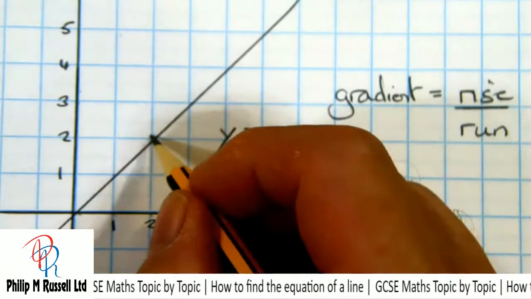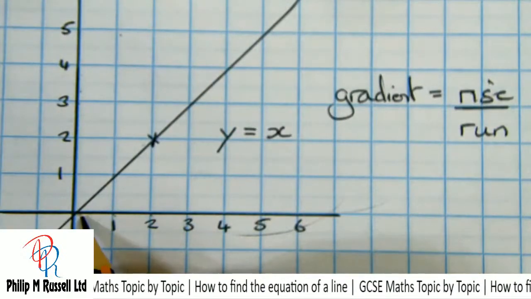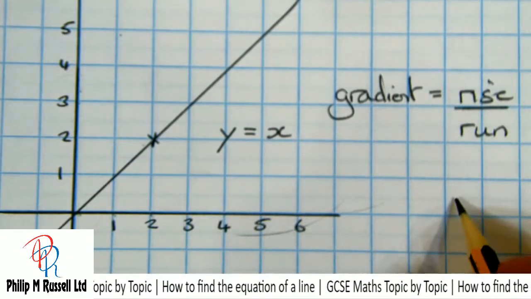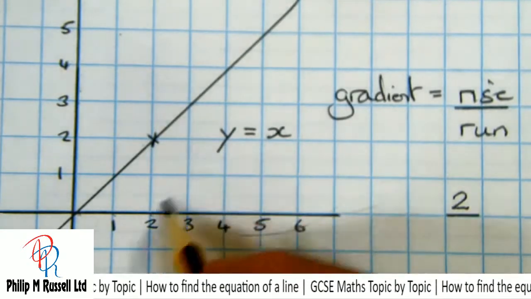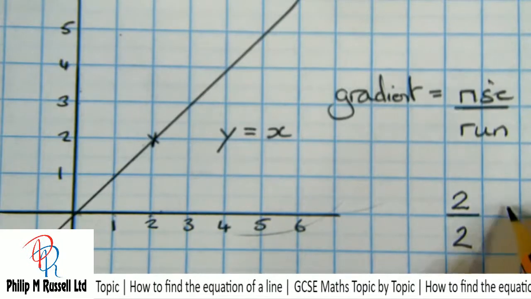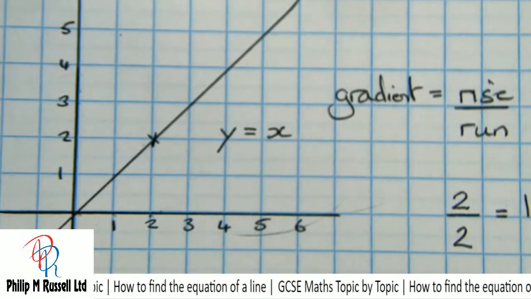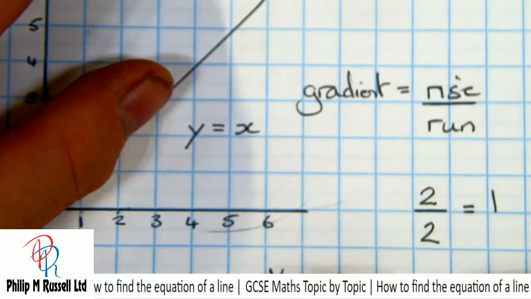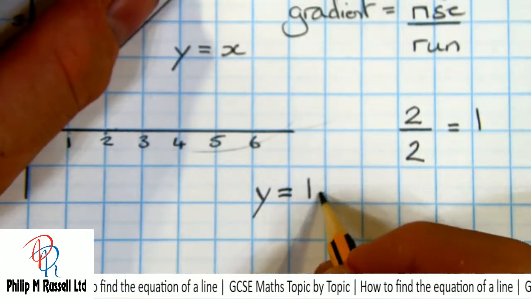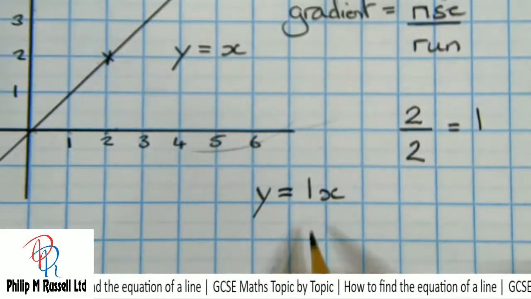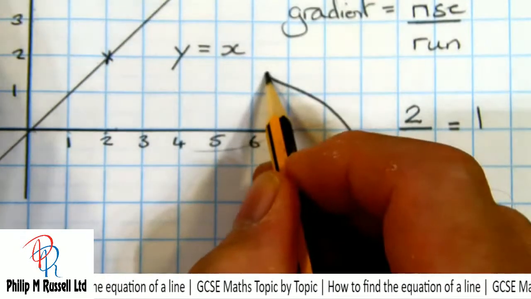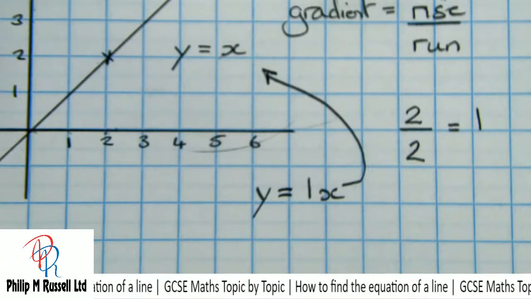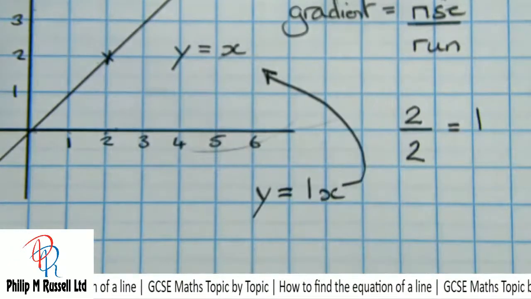So if I were to look at this point here, then we've gone along 2 and up 2, so we put in our rise, which is going to be 2, over the run, which is going to be 2, and that gives me 1. And so if we try to do this as an equation, then this is y equals 1x, and as we know we wouldn't write it like that, but instead we write it like y equals x. So it's not particularly difficult.